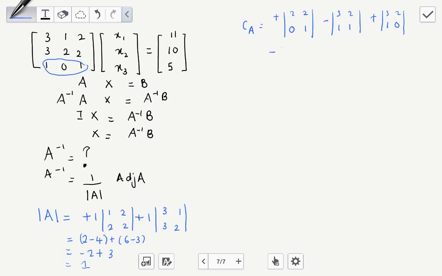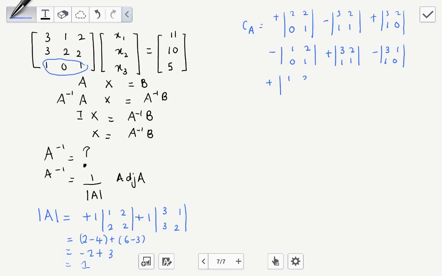Now this is followed by a negative sign, 1, 2, 0, 1. Followed by a positive sign, 3, 2, 1, 1. Followed by a negative sign, 3, 1, 1, 0. I'm going a bit fast here because we have done this in our earlier videos.